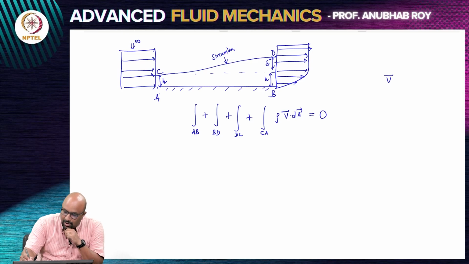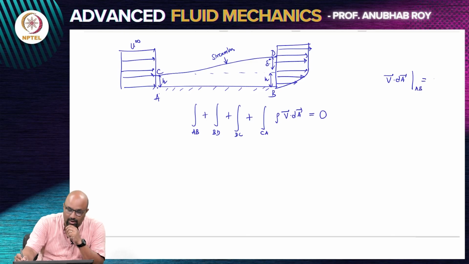So, V dot dA on AB is basically going to be V at AB, the vertical velocity at AB, times dA on that. So, it is basically V dy on that particular surface, on the bottom plate. Now, what is the vertical velocity on the bottom plate?